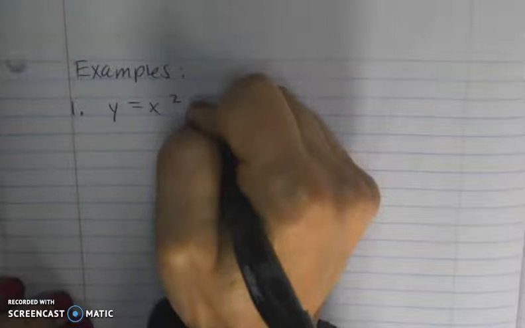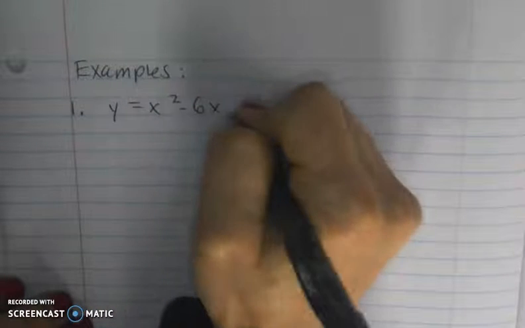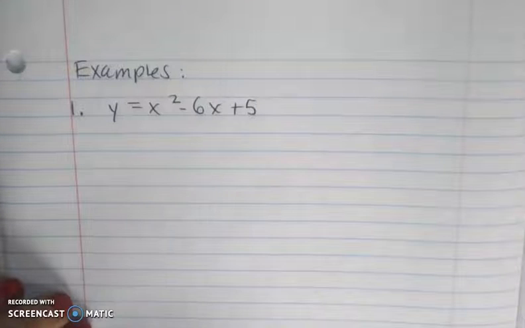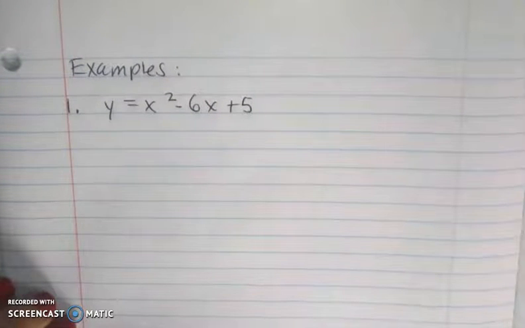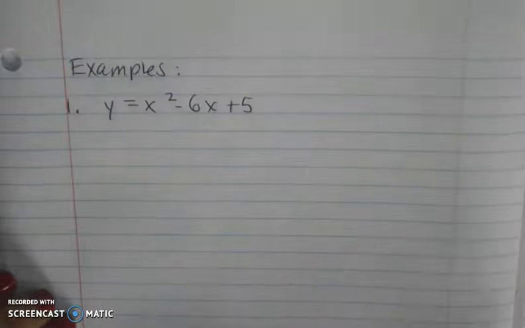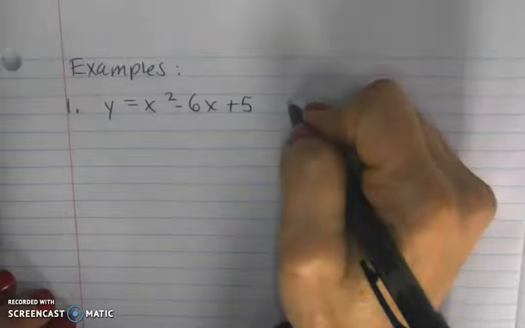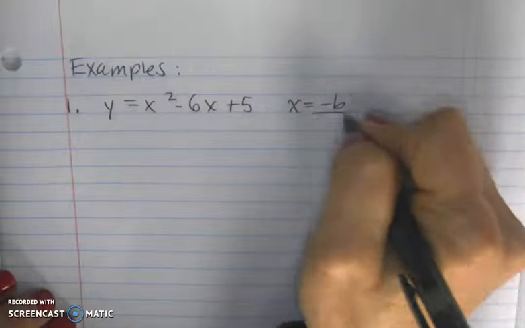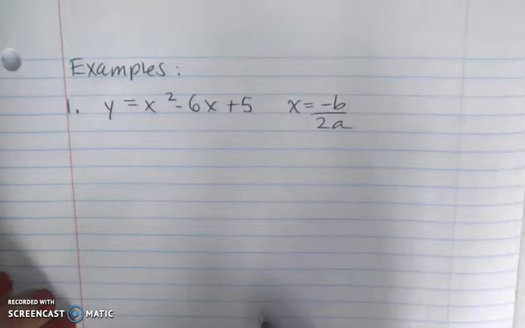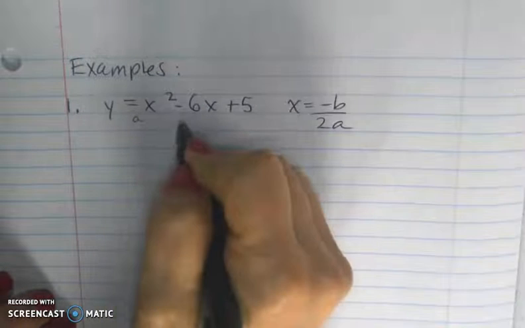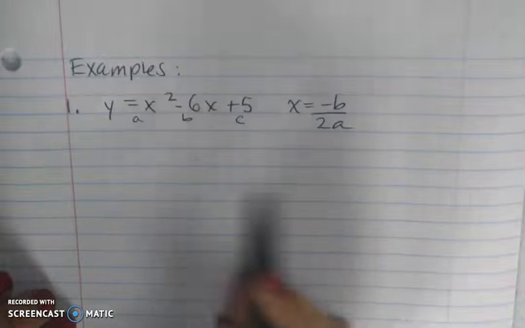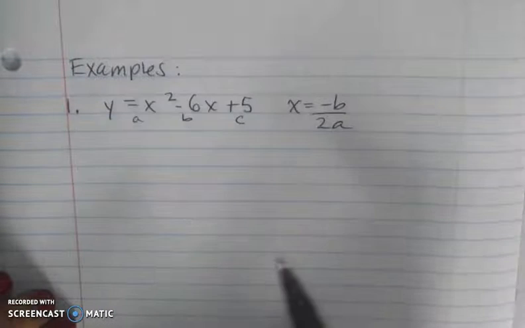Let's start off with y equals x squared minus 6x plus 5. Okay, first step, use the vertex formula, which is x equals negative b over 2a. So a, b, c, we can see here that b is negative 6.